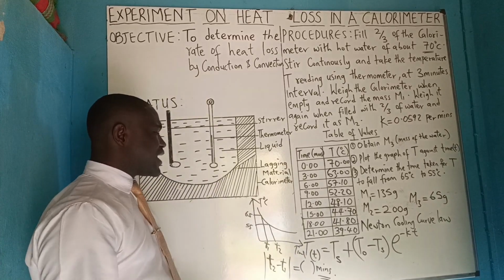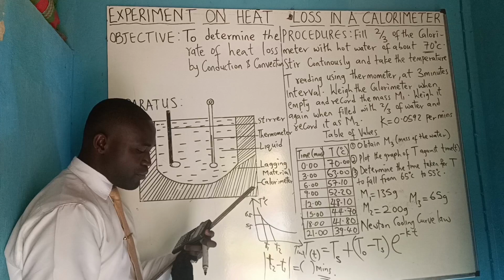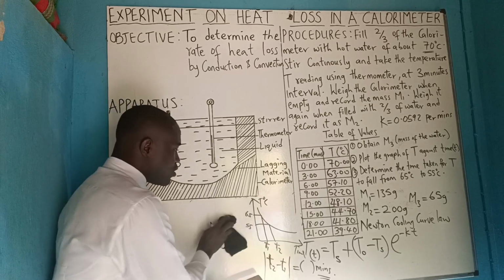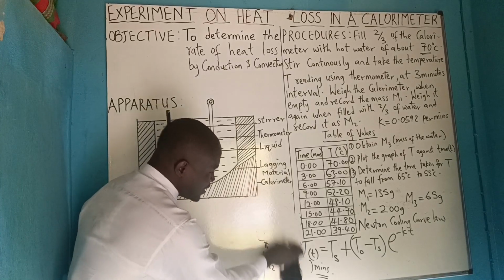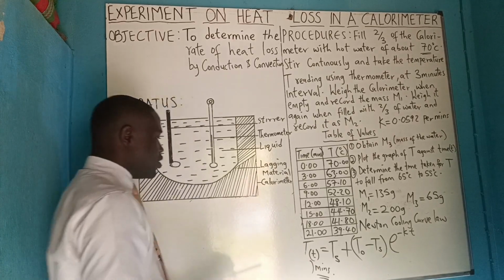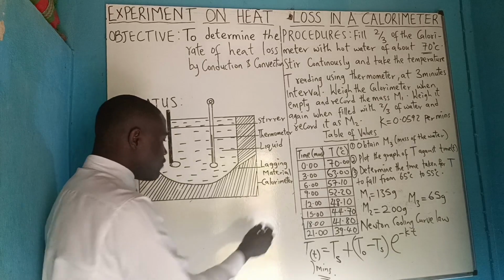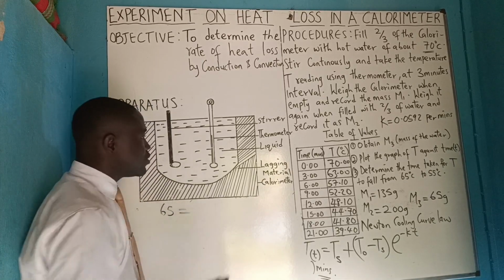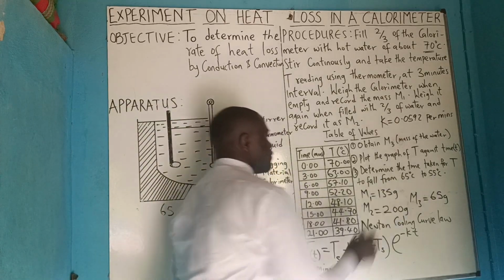But let's see how we can get it using the formula approach. We don't like to stress ourselves so much. To solve it, we say T, that means that we are looking from 65 to 55.